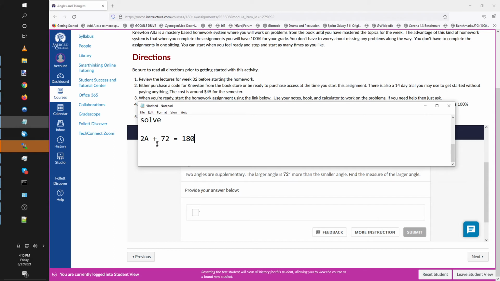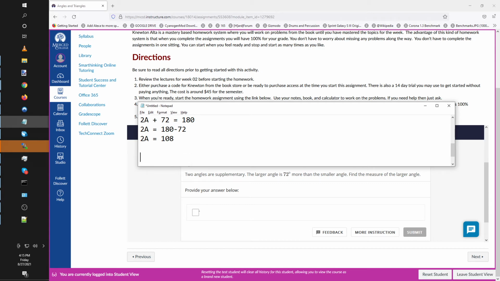If you try to solve this, you should subtract 72 from both sides. So we're going to move this 72 over to the right. We're going to get 2A equals 180 minus 72, which I think is 108.